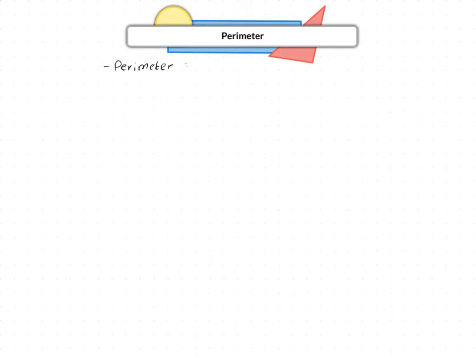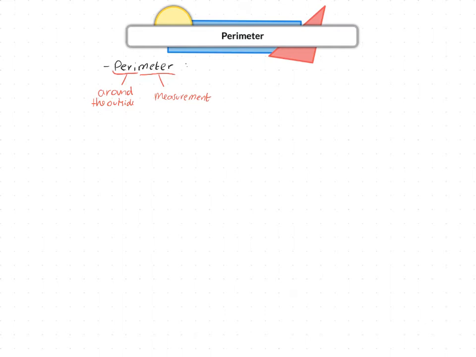So, peri means around, or around the outside. It means the outer edges of something, in this case a shape. Meter means measurement. So Greek root words here, perimeter means the measurement around the outside.